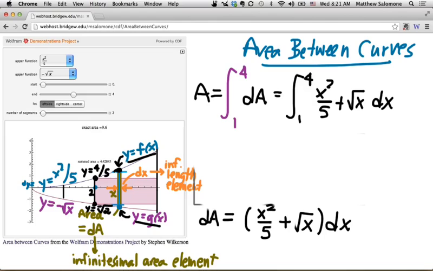So how do I find an antiderivative for x squared over 5? Let's start with that one. Okay, so increase the exponent by 1 and divide by the new exponent, which is going to turn what used to be 5 into 3 times 5. How about the square root of x?